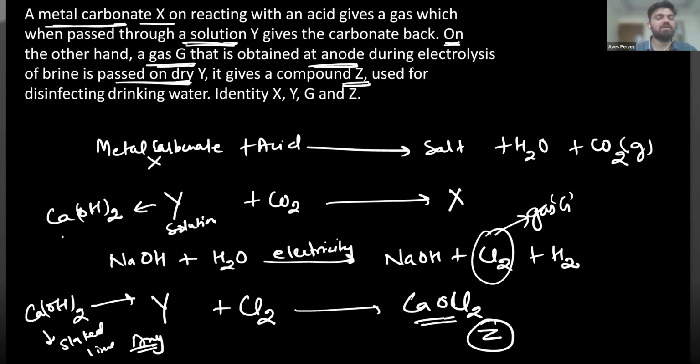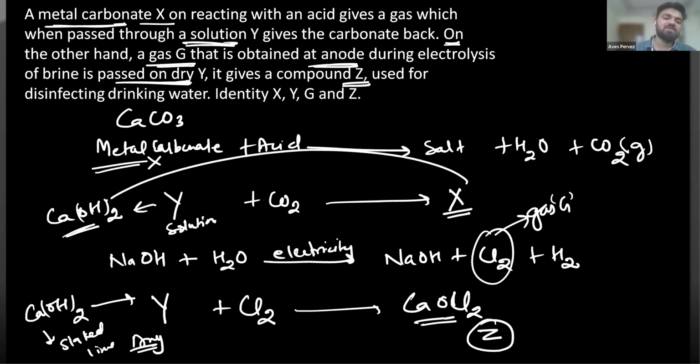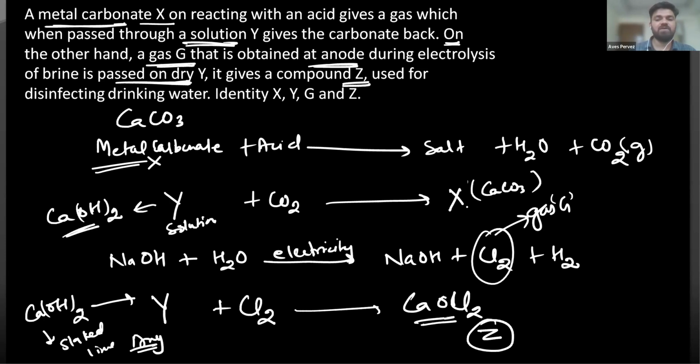Since calcium is obtained here, X will be calcium carbonate, because when carbon dioxide is passed through calcium hydroxide, it gives calcium carbonate, CaCO3. So X is CaCO3, Y is Ca(OH)2, G is chlorine gas, and Z is bleaching powder. Note it down. Note all the reactions.